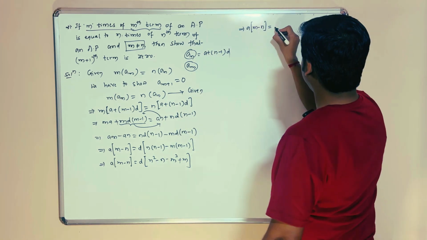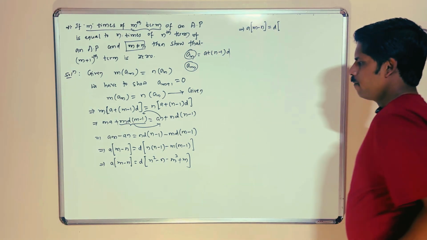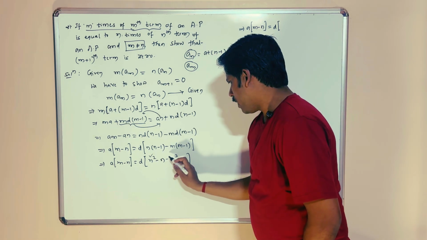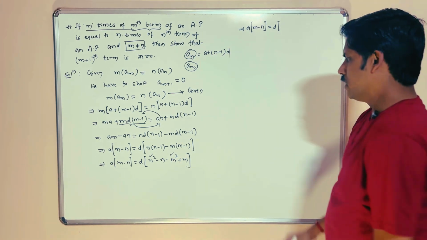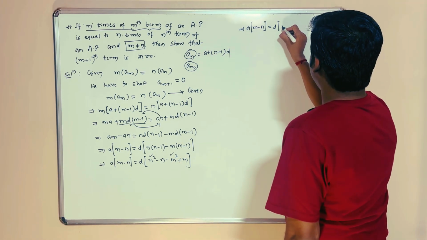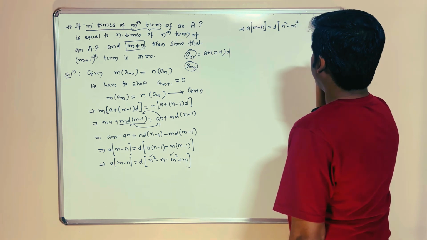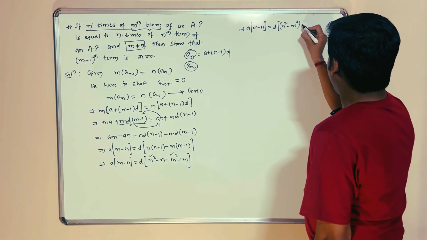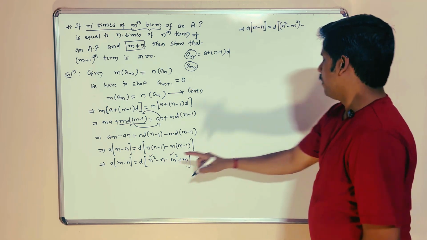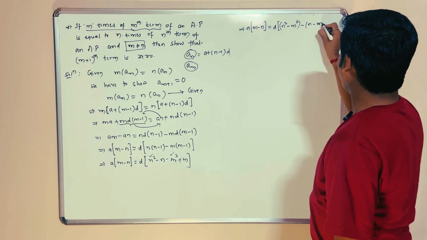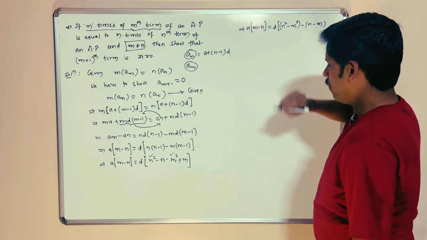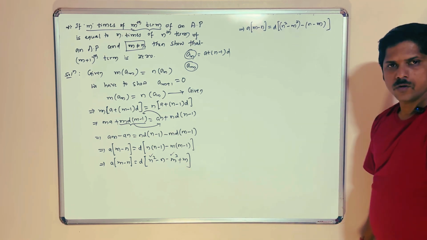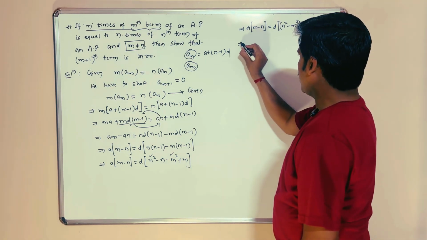In the RHS part, d into n square minus m square. Make it one group. Second one, I will take minus n outside. We remain with n minus m. Right?